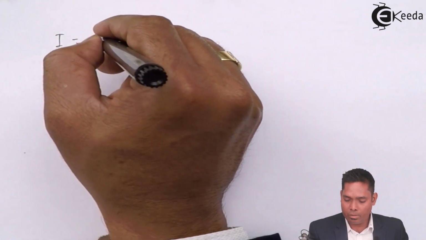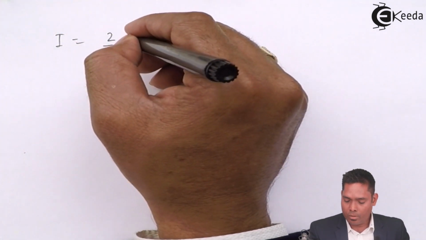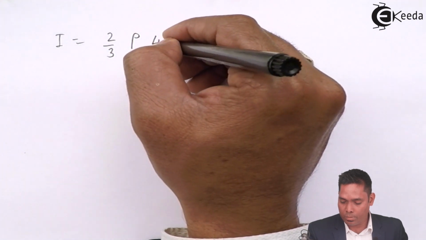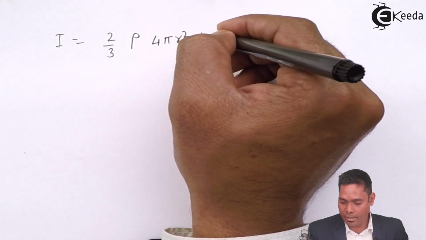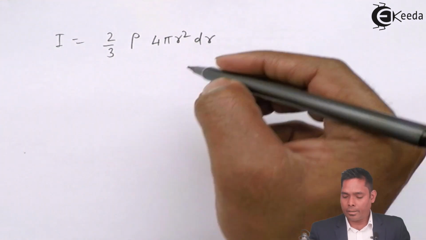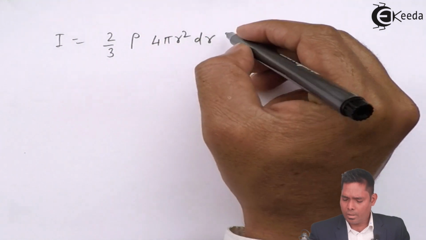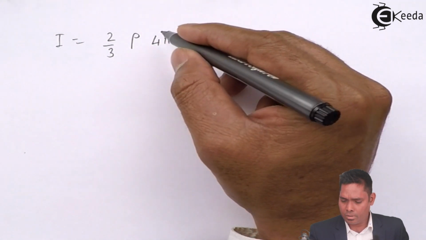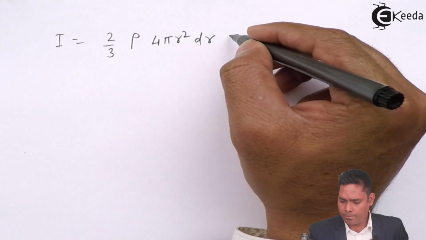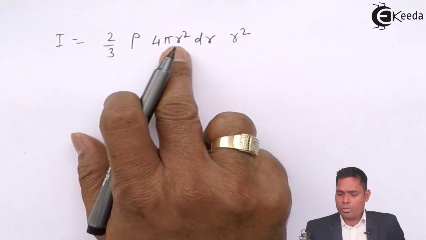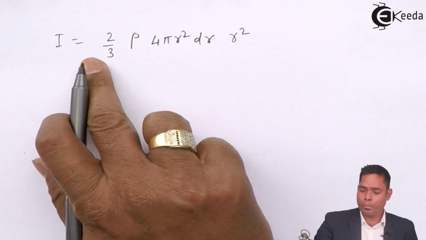So the moment of inertia will be 2 by 3, density into volume. The volume of this shell is 4 pi r square dr, because this is where the mass is present, and then 2 by 3 m r square.